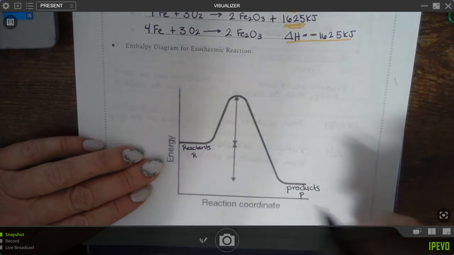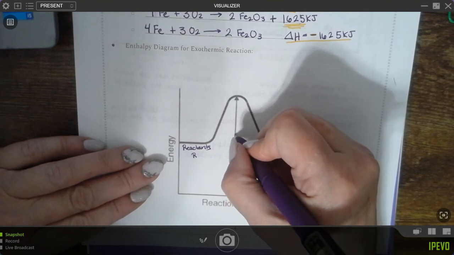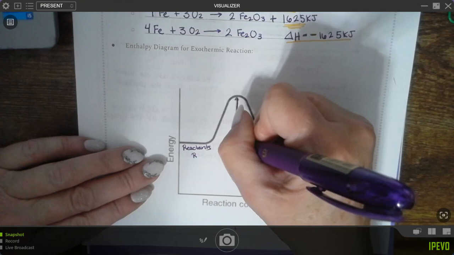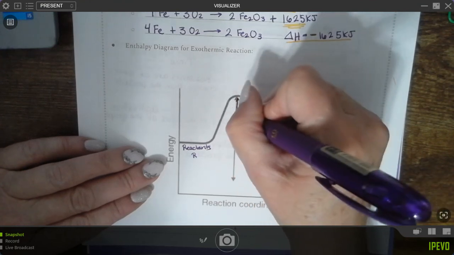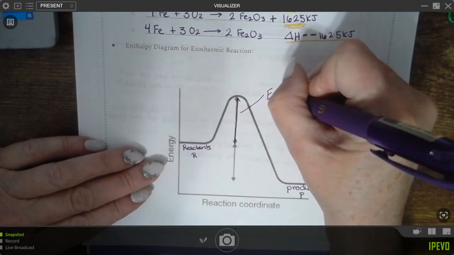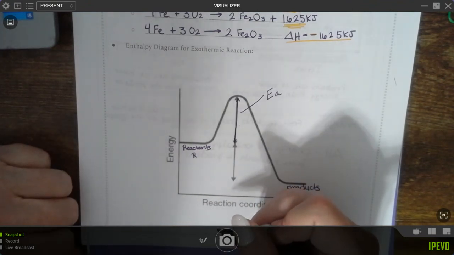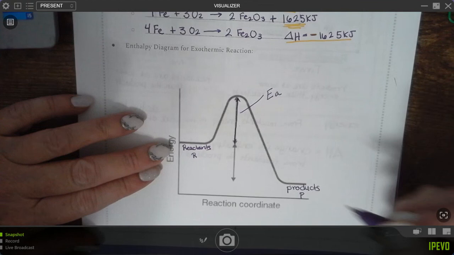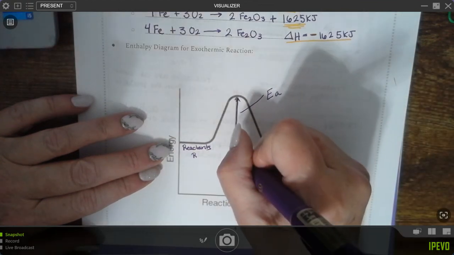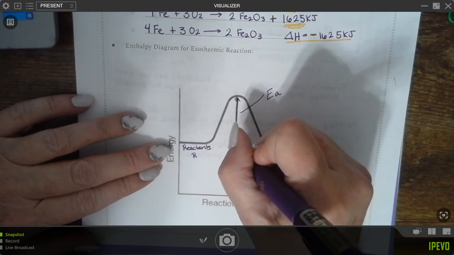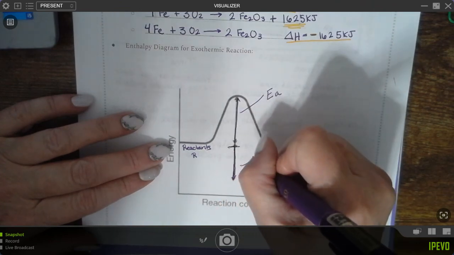Now this distance here from the reactants to the peak, that is our activation energy. That's the amount of energy it takes to get the reaction to start. And then our delta H is the difference between the reactants and the products.